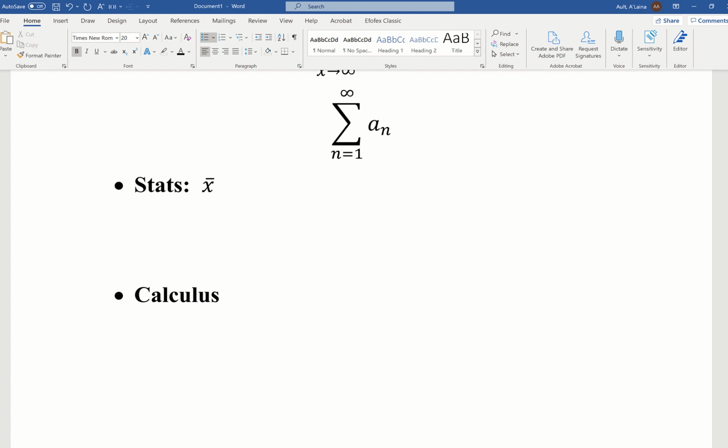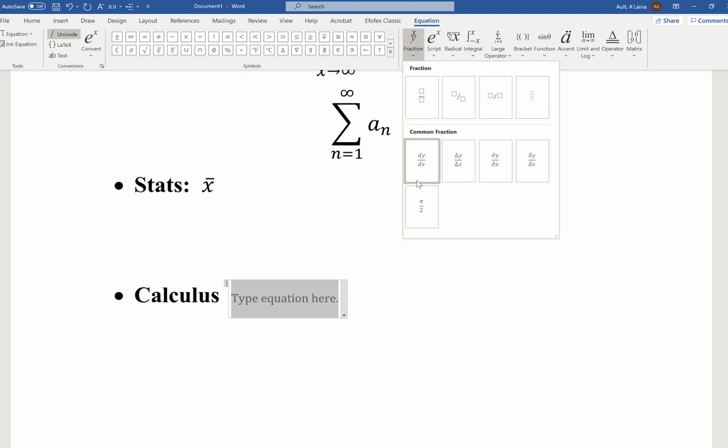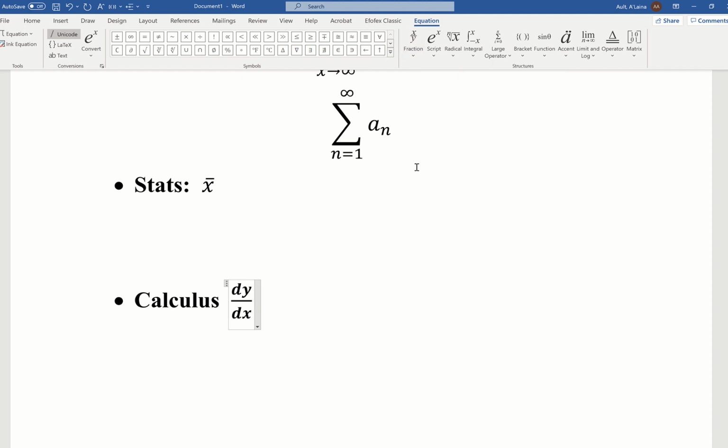All right, for calculus, there's all sorts of notation here for derivatives that you could select, as well as integrals. So under your fraction notation, you can see there's some notation for dy dx, which is great if you're talking about derivatives.